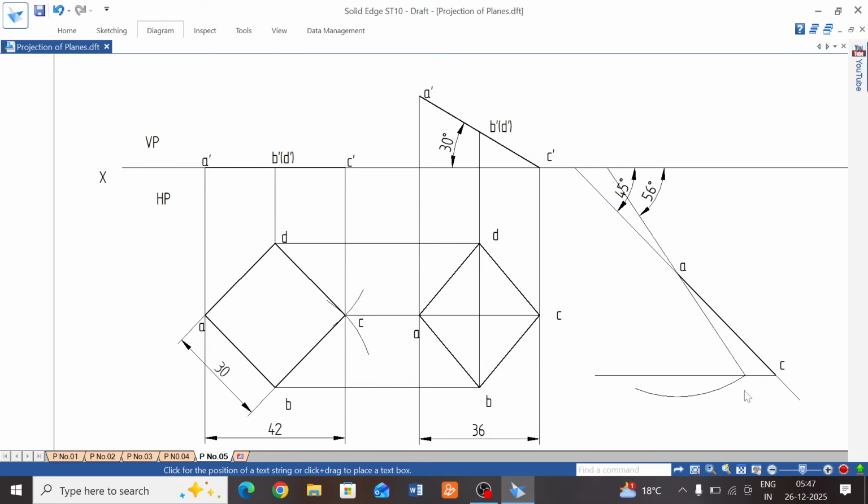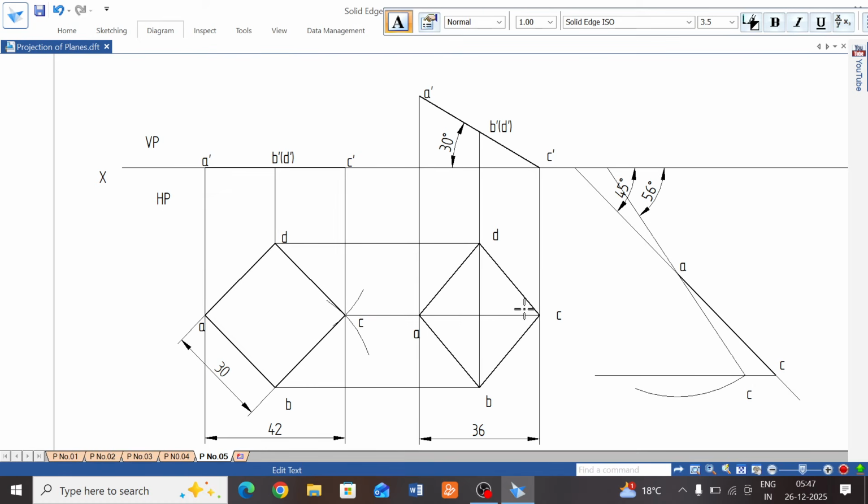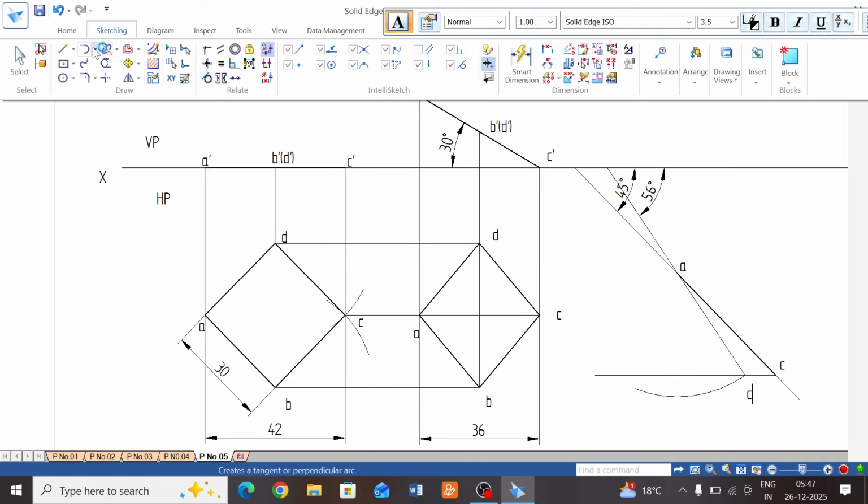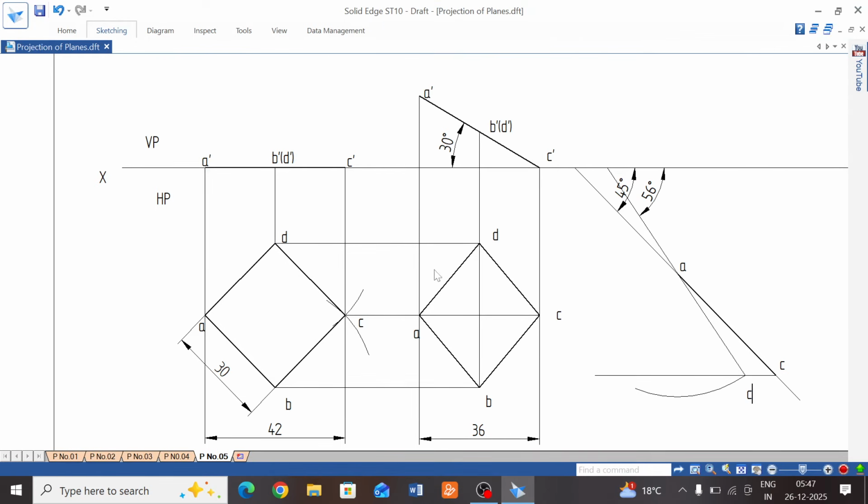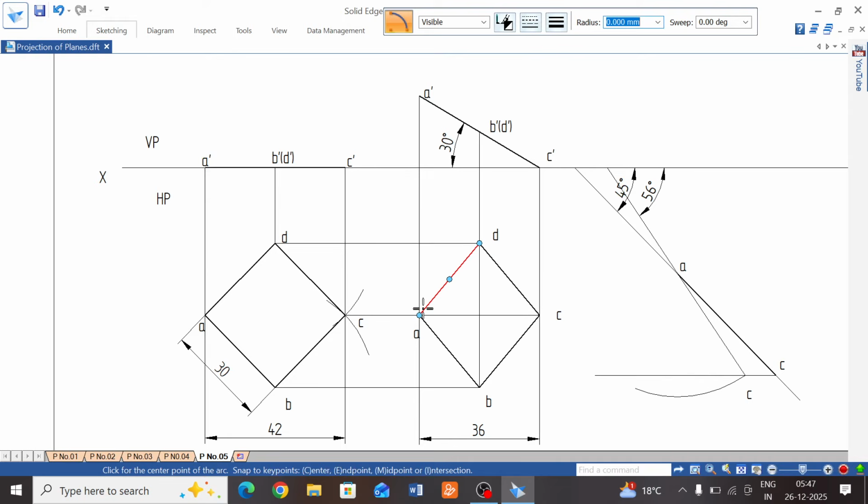We have to construct those A and C. A and C already we know. This point we have to using this dimension, the C to D, then C to B. We have to, and A to D, A to B. We have to get those points and take a compass to take the dimension from A to C. A to C is around 28 mm and A to B also 25, C to B also 25, C to D also 25.